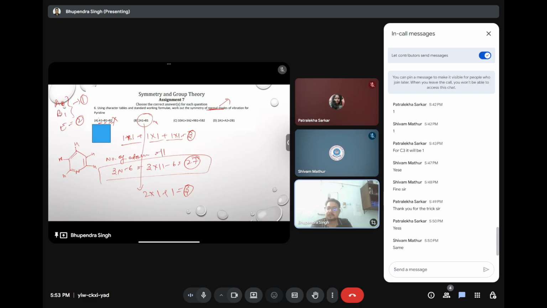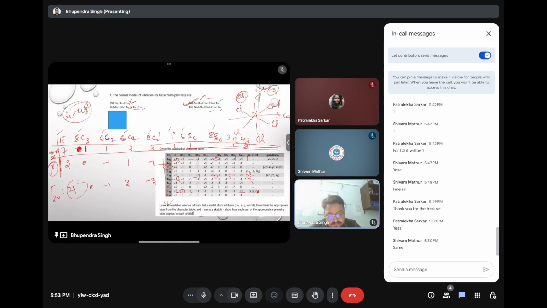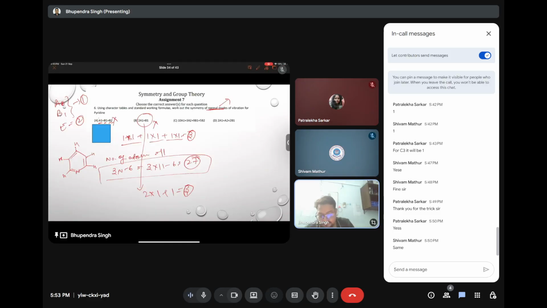I am just telling the trick, otherwise you can solve it by using the character table, the same way we have solved these questions. So for this, what will be the point group of this molecule? Tell me.